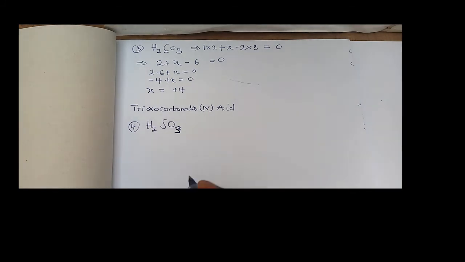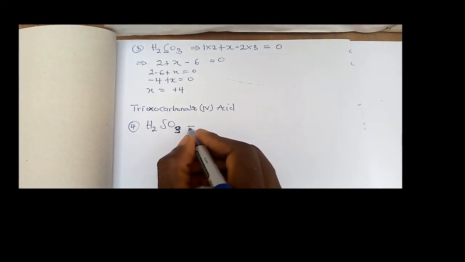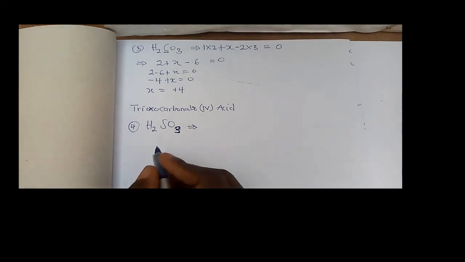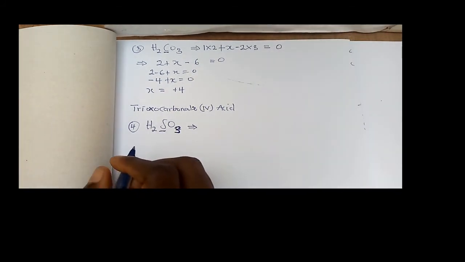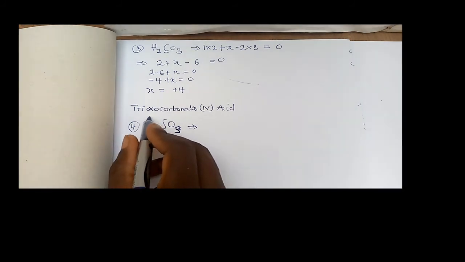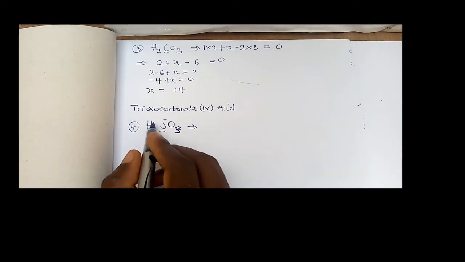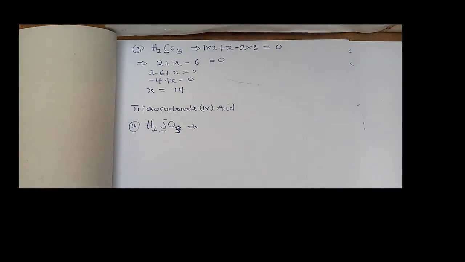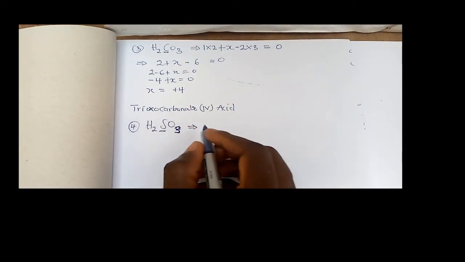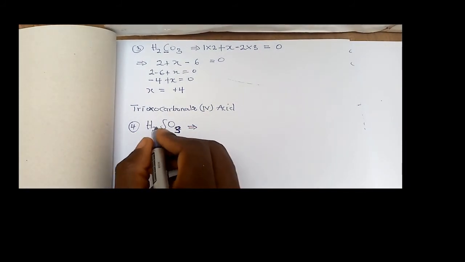So with this, all that we need to do is find the oxidation number of the central atom, sulfur here. I've said earlier that hydrogen has a fixed oxidation number of +1, and oxygen has a fixed oxidation number of -2 in most compounds. So we just write the oxidation number of hydrogen, which is 1, multiplied by the subscript, which is 2 here.